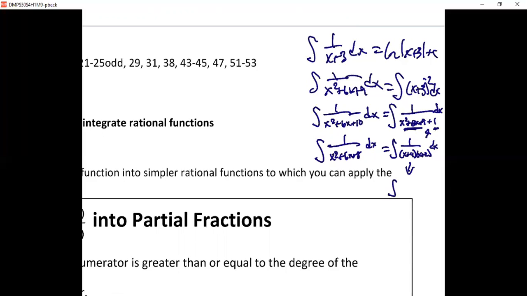And what we want to do is break it up into some number, a, over x plus 4 plus some number, I'm going to call b, over x plus 2. And this is partial fraction decomposition in its proper name, but partial fractions is how we are going to approach this.